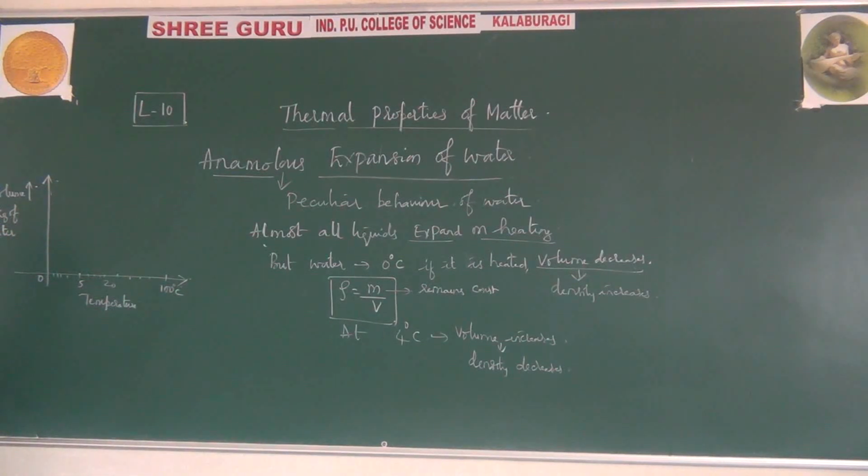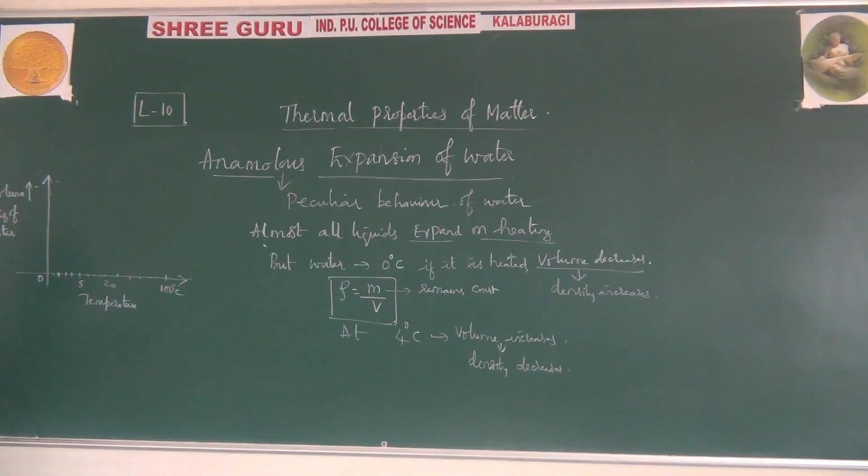I will show the values here like this: 1, 2, 3, 4. At 4 degrees centigrade, what happens to volume?